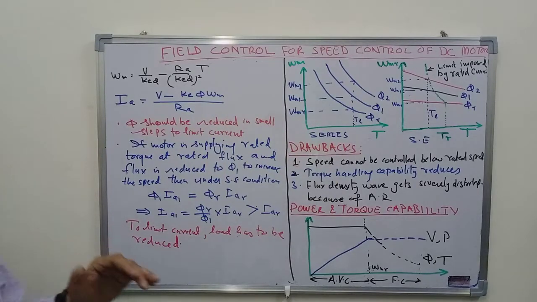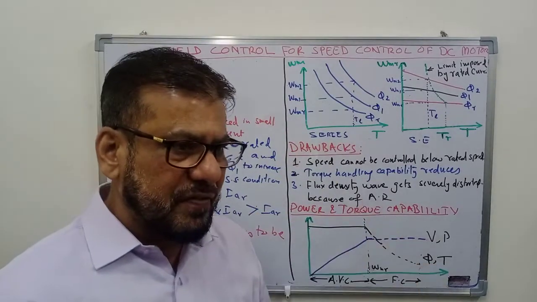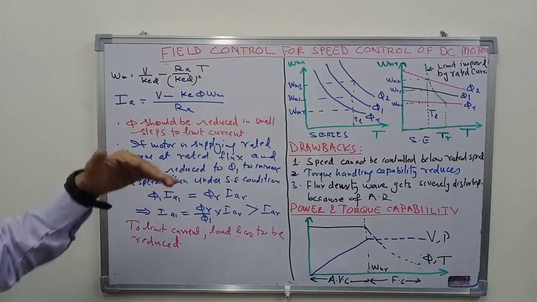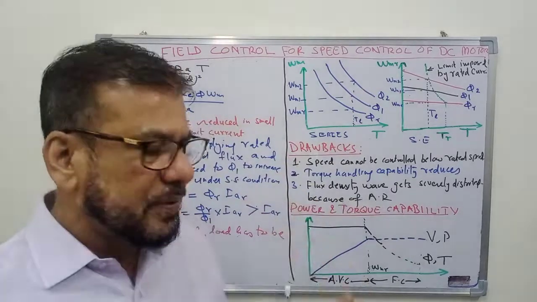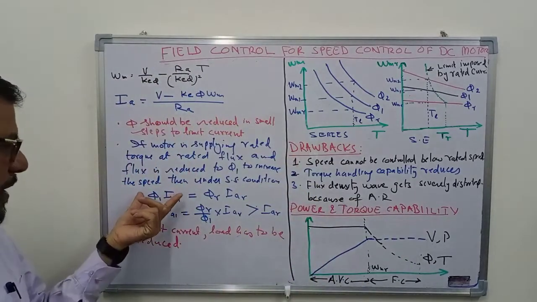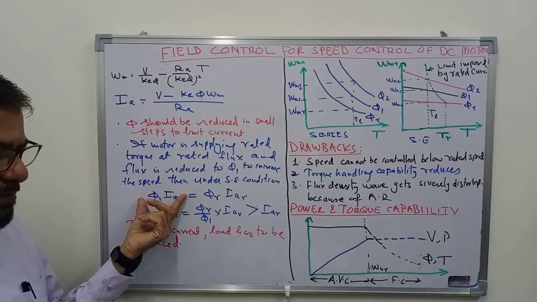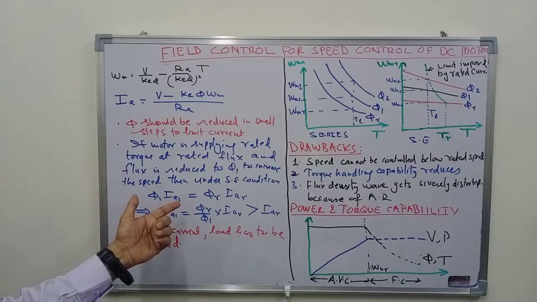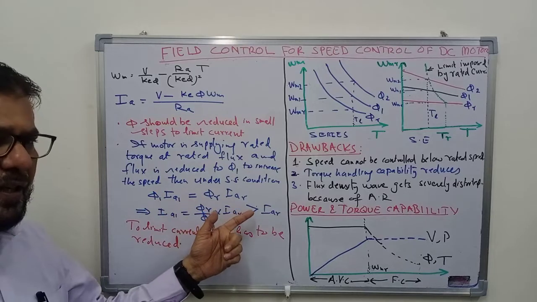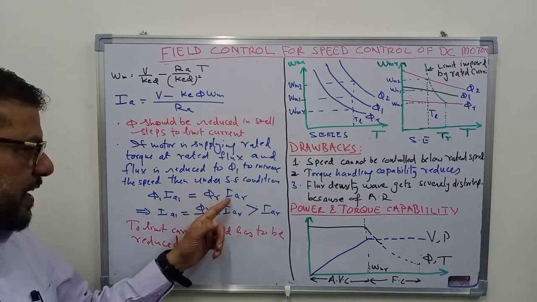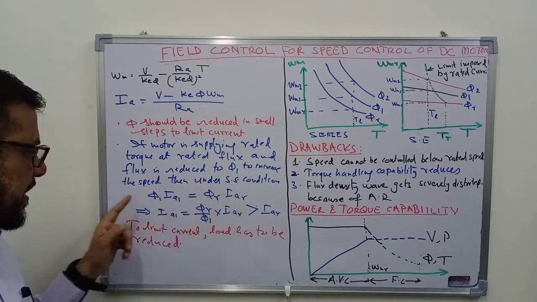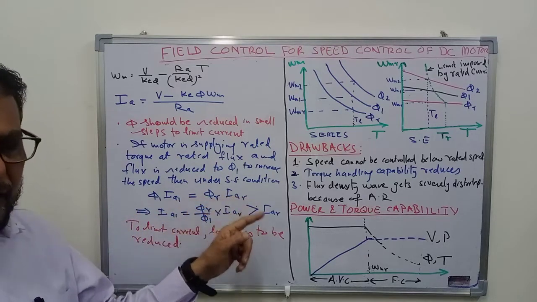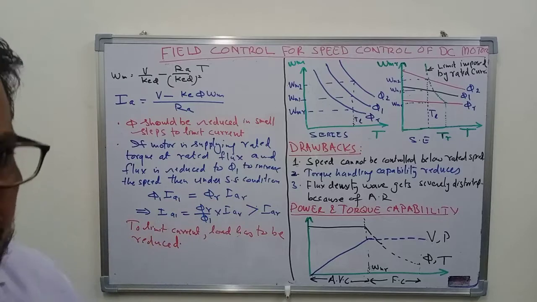Then at the steady state condition, when the speed settles down to the new value, if the load torque is constant, the new torque that is equal to Ke phi 1 Ia1 will be the same as the original torque, that is Ke phi r Iar. So phi 1 Ia1 will be the same as phi r Iar if the load torque is constant.